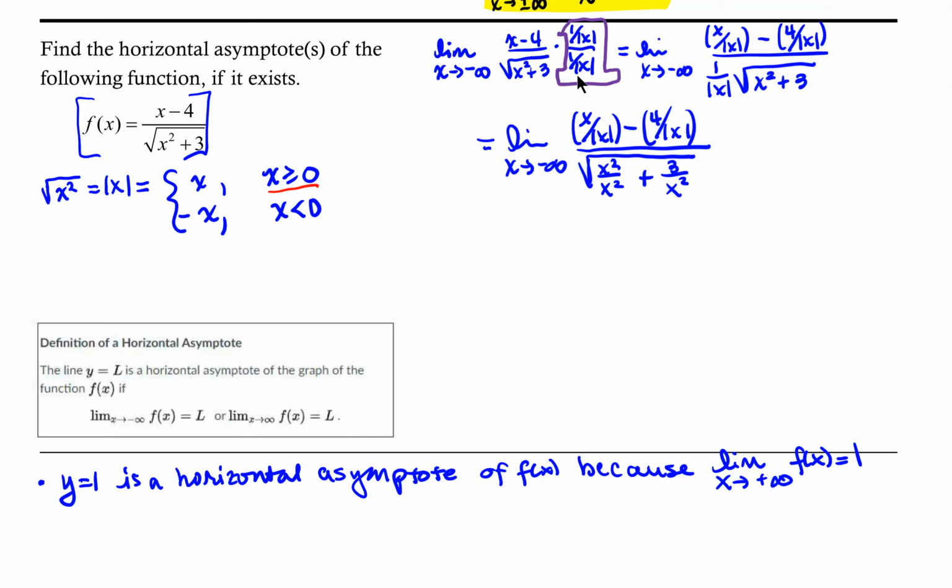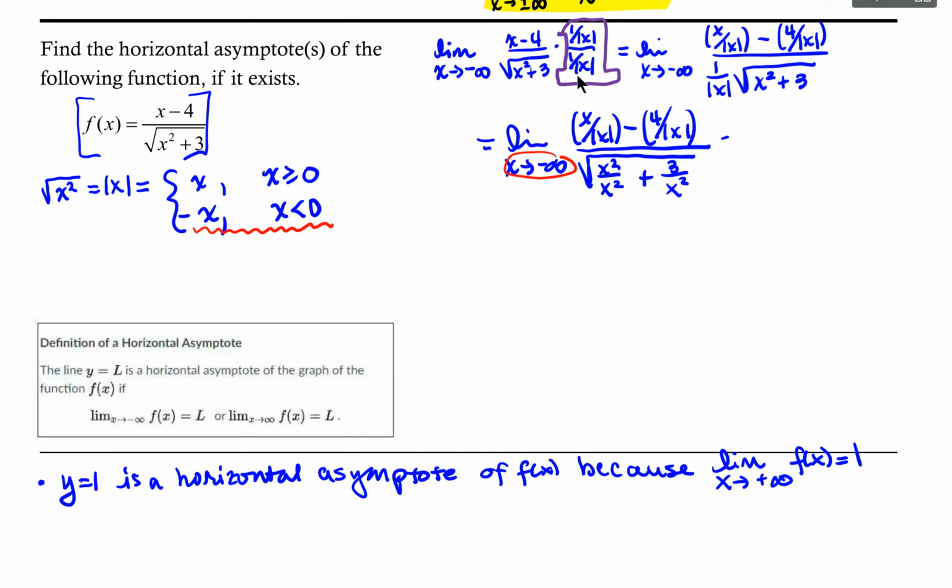And now we need to replace absolute value of x because we can't do anything with it in its current form. Notice that this time we are headed towards negative infinity, which means our x values are negative. And when our x values are negative, we use negative x, or the opposite of x, for absolute value of x.